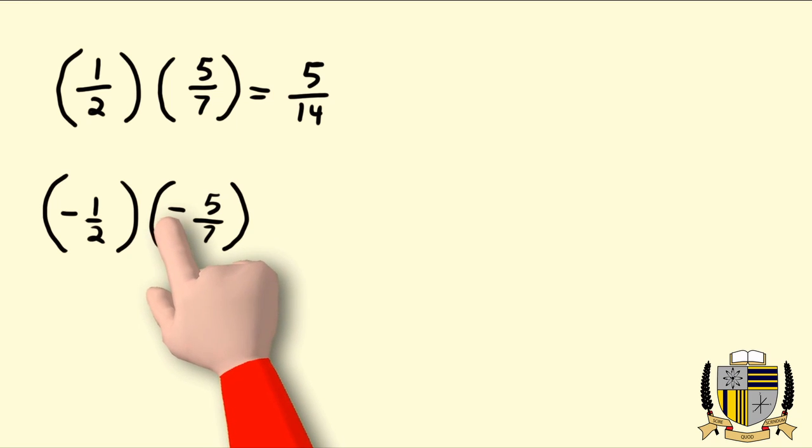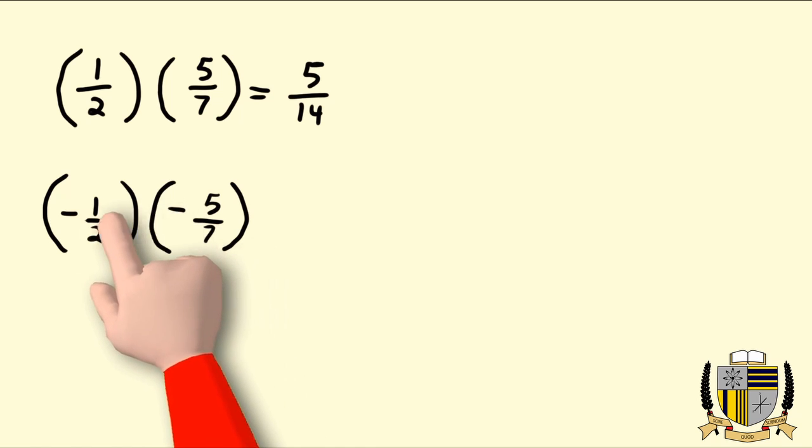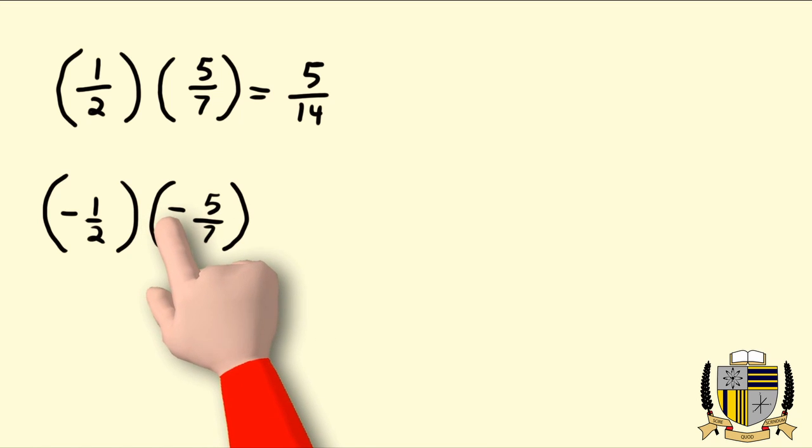So I have to consider two things, right? I got to put these hats on my head. I'm just imagining a hat, where I'm going to have to think, what are the rules for multiplying signed numbers that are the same, and what are the rules for just multiplying fractions in general?